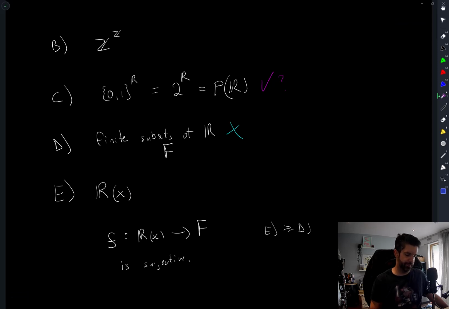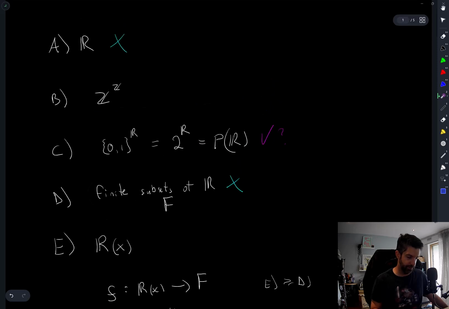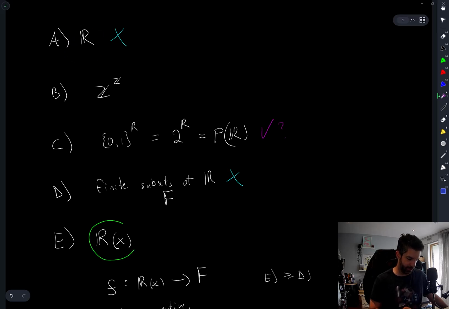My intuition tells me this is significantly smaller than that. This, I believe, has the same cardinality as the reals. This definitely has a greater cardinality than the reals, obviously. So that's got to be the answer.